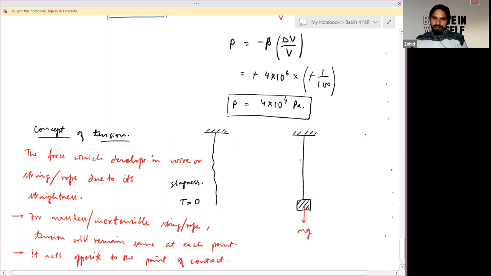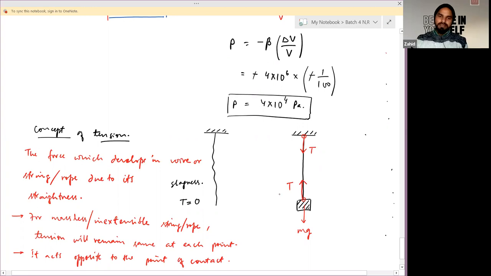So in the second example, since the point of contact for this particular string is at this point at its lowest end and at this point at its top end, tension will be opposite to the point of contact. So it will be in this direction at this point, and at this point it will be in this direction. Is it clear?